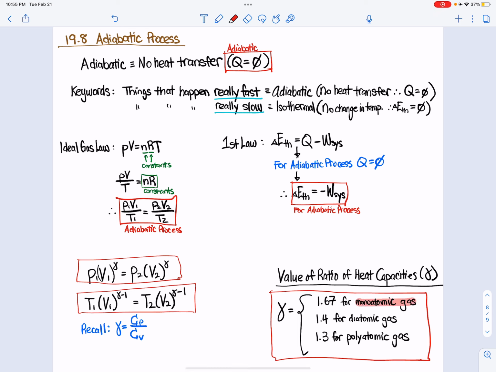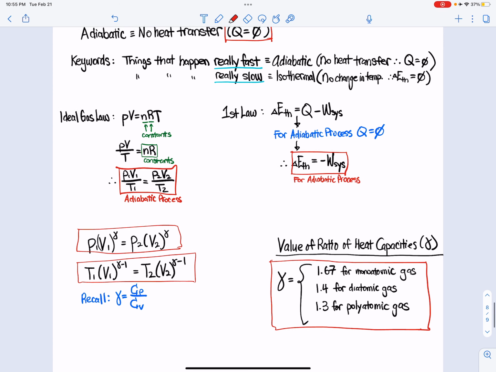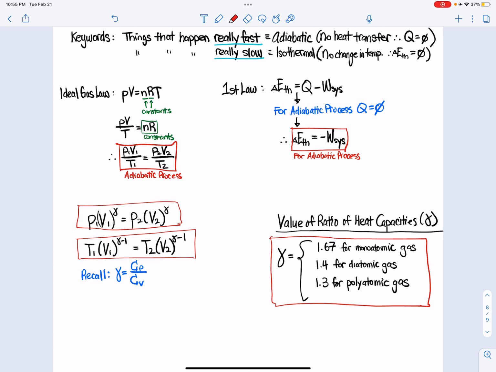So if you have a monatomic gas, the value of gamma is 1.67. Okay. For a diatomic gas, the value of gamma is 1.4. And for a polyatomic gas, the value of gamma is 1.3. And usually they will let you know or make it very obvious whether you're dealing with a monatomic gas, diatomic gas, or polyatomic gas. All right, guys.